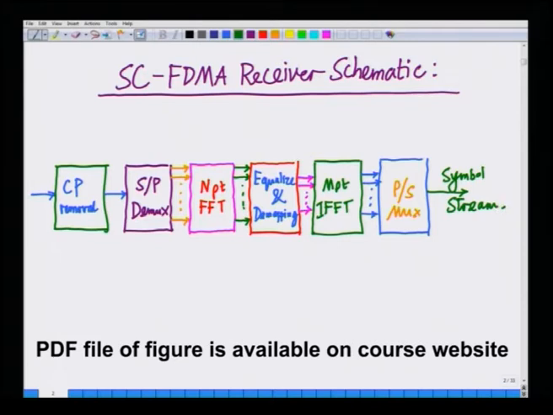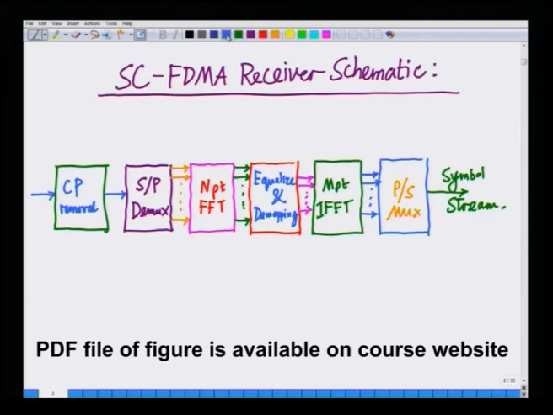So this is how the SC-FDMA receiver schematic looks: cyclic prefix removal, serial to parallel demultiplexing, which is the same as in OFDM, N point FFT. Now I have to equalize and demap into the M symbols. So I equalize, demap, perform the M point IFFT, multiplex it, and I get back my symbol stream.